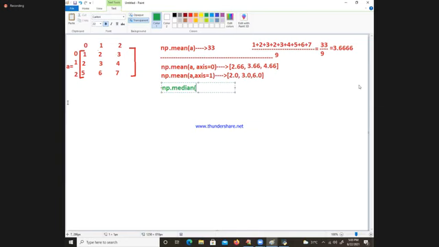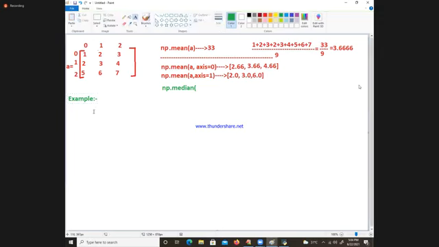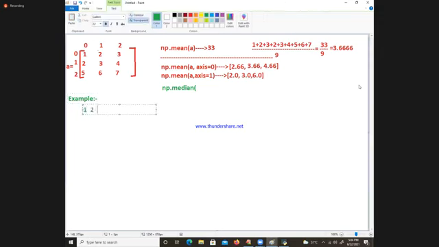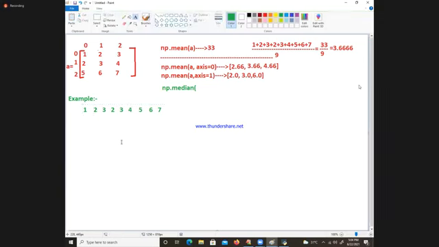For example, if I sort these elements: 1, 2, 3, 3, 4, 5, 5, 6, 7. These are the data we have. How many elements are there? Total 9.